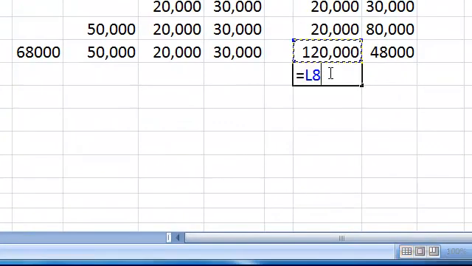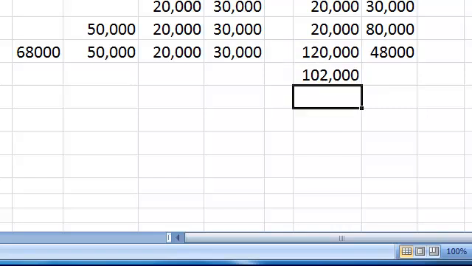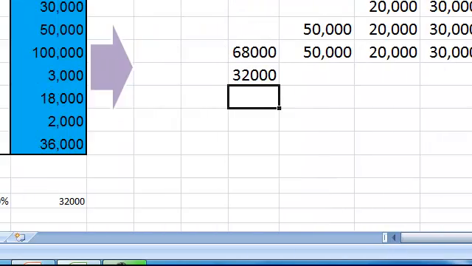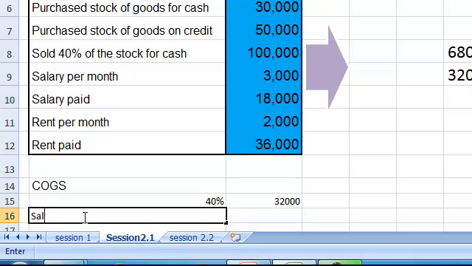So cash will reduce to the extent of 18,000, but because of the accrual concept, the expense, the profit will reduce by 36,000. You may ask why 36,000. In a minute.